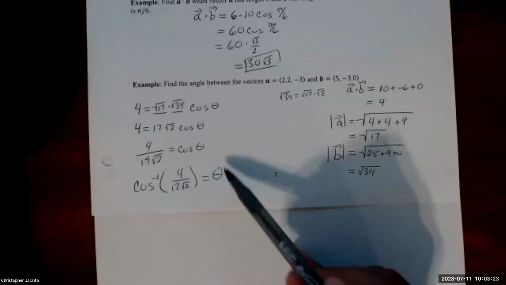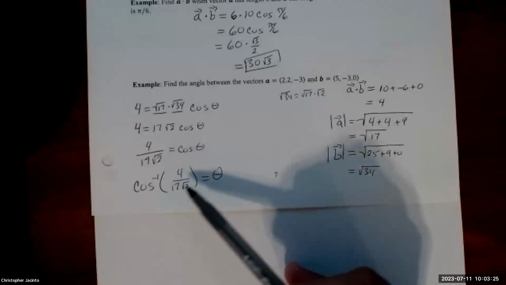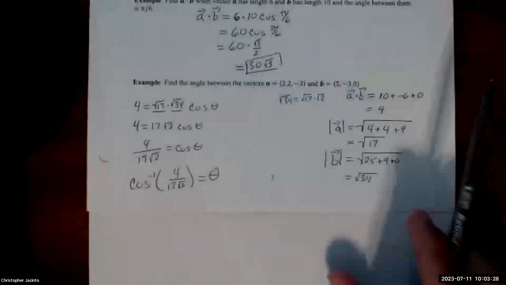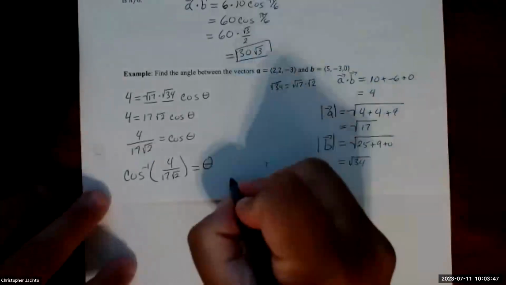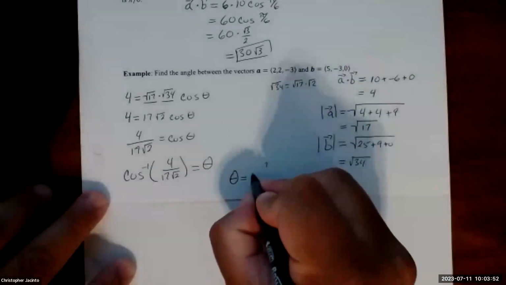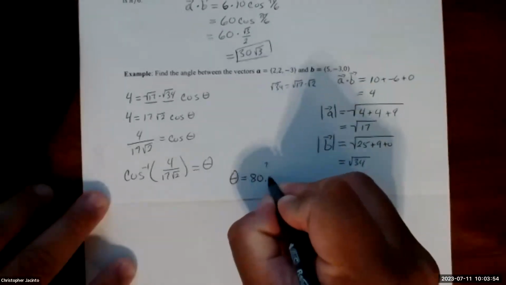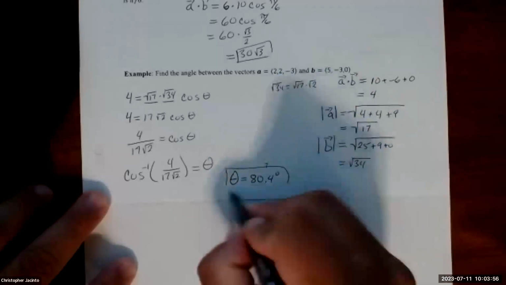If you get radians, you get something drastically different from the actual degree. So the angle between vector A and vector B is approximately 80.4 degrees. That's what I got.